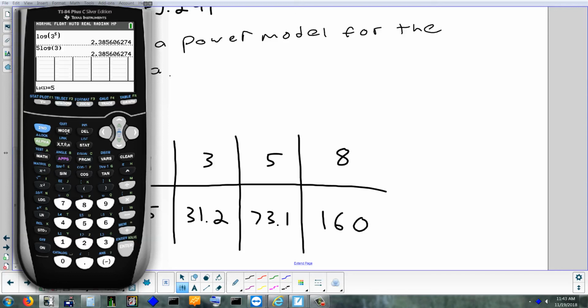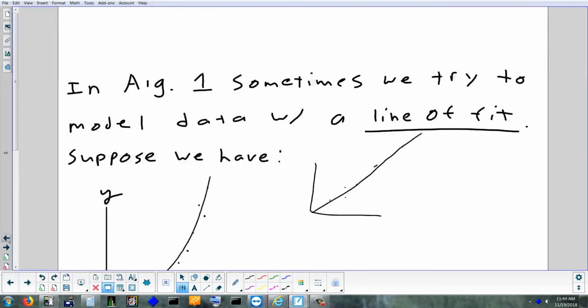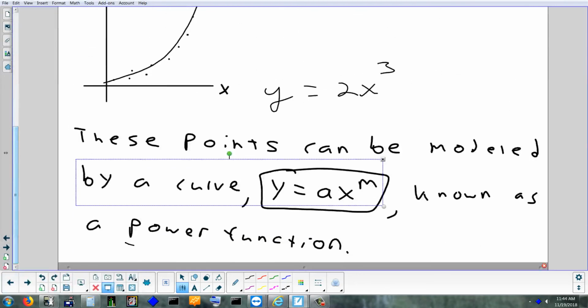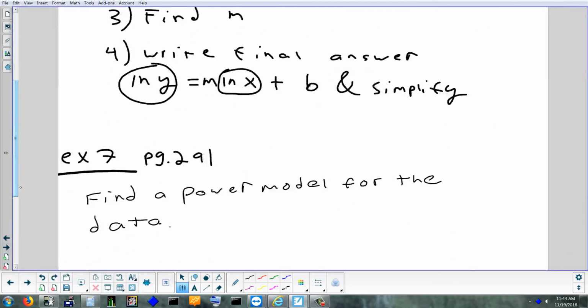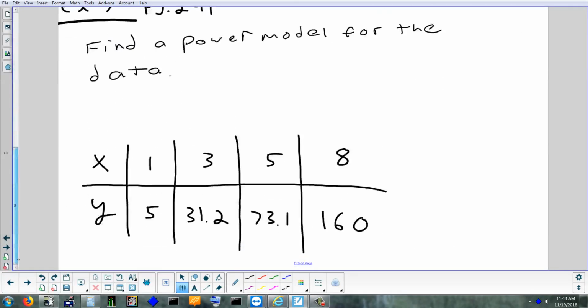Okay. So now we're going to go back to Stat, except this time we're going to go to Calculate. So we go over to Calculate, and we have to pick what we want the calculator to calculate. We want it to find a power function. I don't think it calls it exactly a power function. I think the calculator calls it a power model.